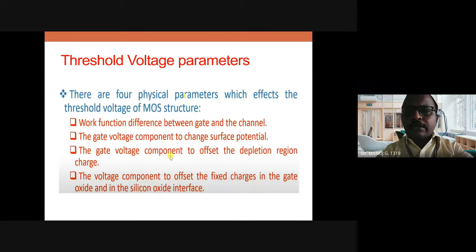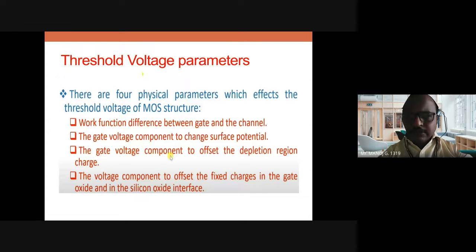When you take the parameters of threshold voltage, please remember there are 4 parameters. How many parameters are there? There are 4 physical parameters which affect the functioning of the MOSFET. We'll see in detail and we'll also derive each parameter and see how the threshold voltage is derived.